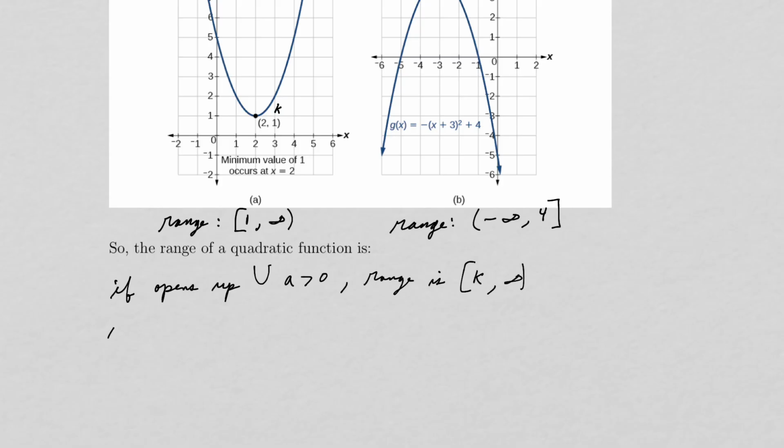If it opens down like this, so a is negative, less than 0, then the range is going to start from -infinity and go up to k. Always including the k there, right? So it's going to bracket around the k. And just remember, k is the y value of the vertex.